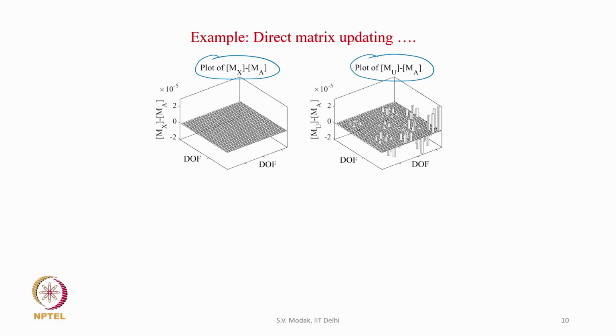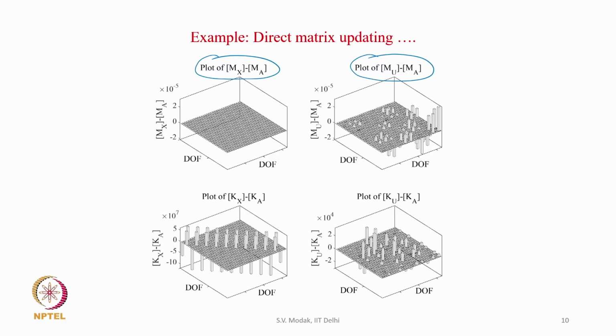Let us also do a similar comparison for the stiffness matrix. On the left-hand side we have the plot of Kx minus Ka, which shows the difference between the actual, or experimental model, stiffness matrix and the initial FE model stiffness matrix. So, this plot shows where the error in the stiffness matrix actually existed.